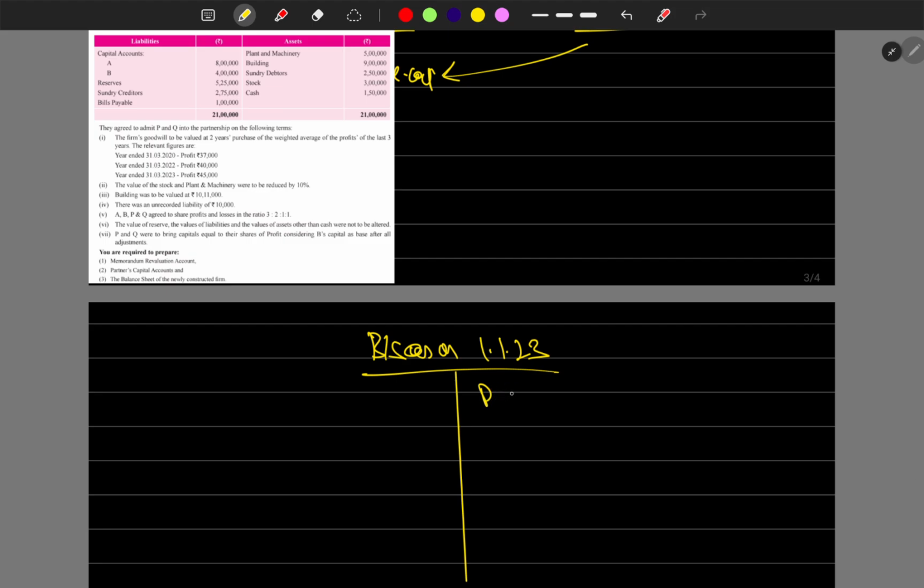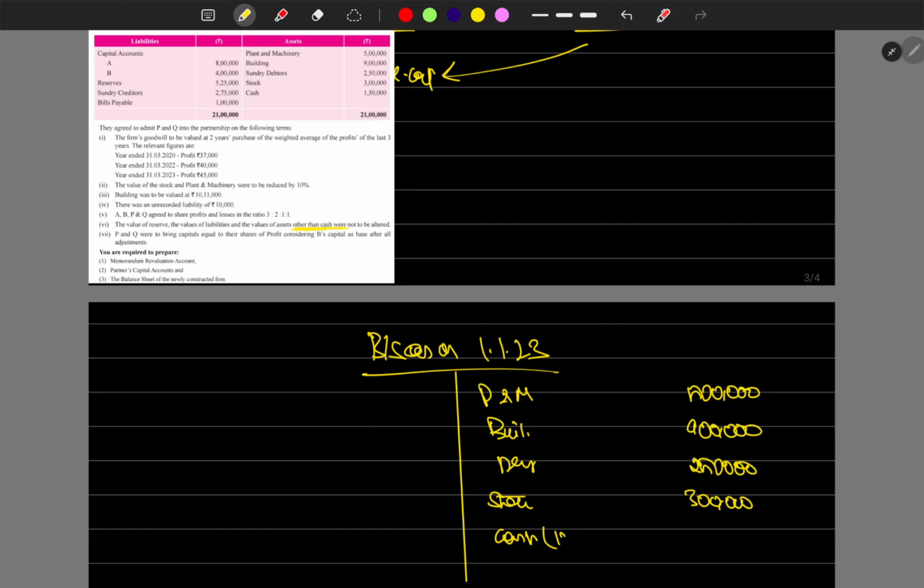So plant and machinery 5 lakhs, building 9 lakhs, debtors 2,50,000, stock 3 lakh. Cash has a change because they have said other than cash.